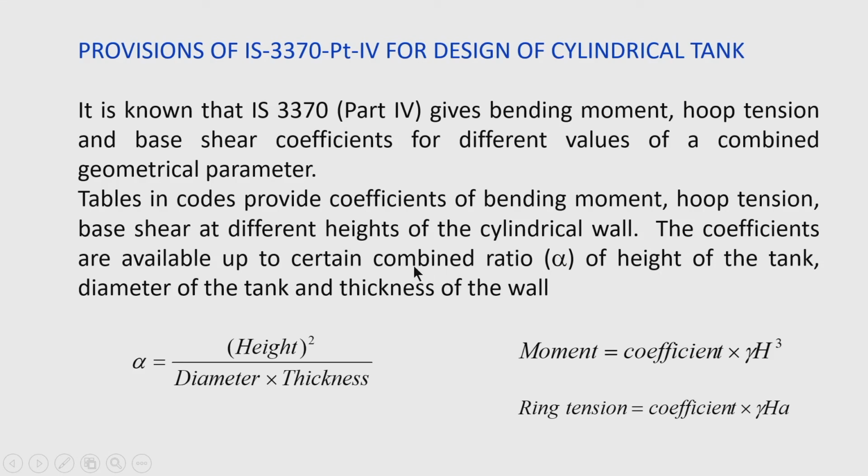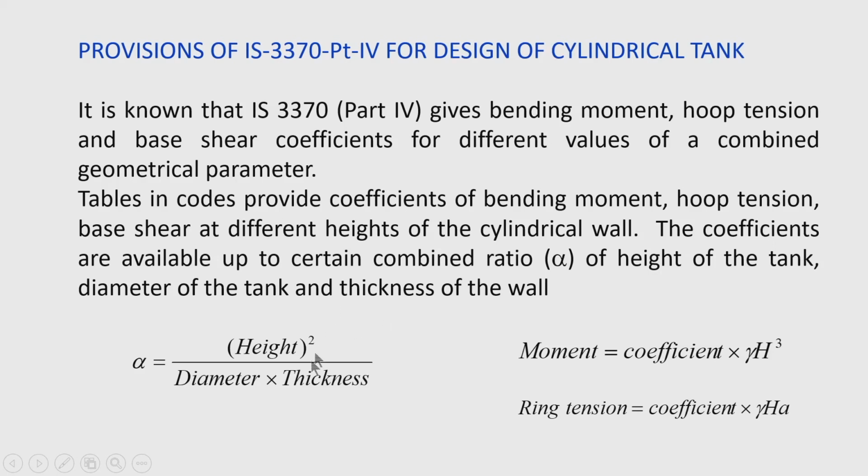You will get these coefficients up to a parameter that I call alpha. Alpha is h square, that is height square, divided by diameter into thickness. If this parameter is greater than 16, no coefficients are available in the code.